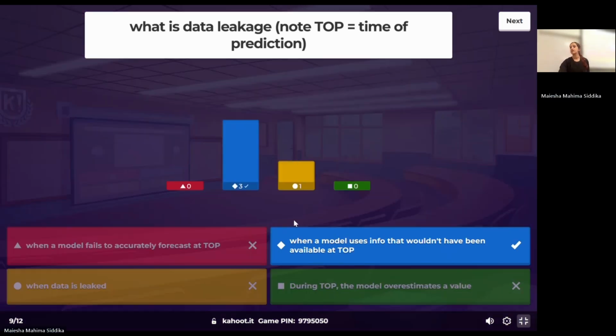Okay. So when a model uses info that wouldn't have been available at time of prediction, I didn't go over this in too much detail. It's kind of like a carry-on question from last week.